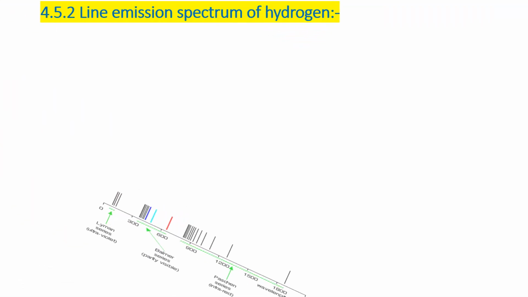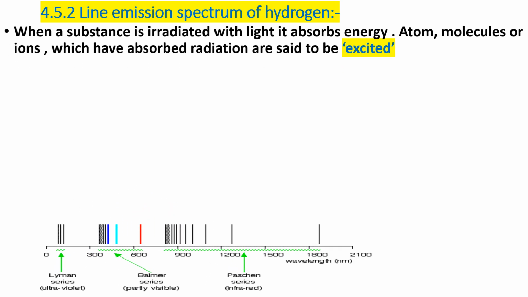So next point, that is 4.5.2, line emission spectrum of hydrogen. When a substance is irradiated with light, it absorbs energy.